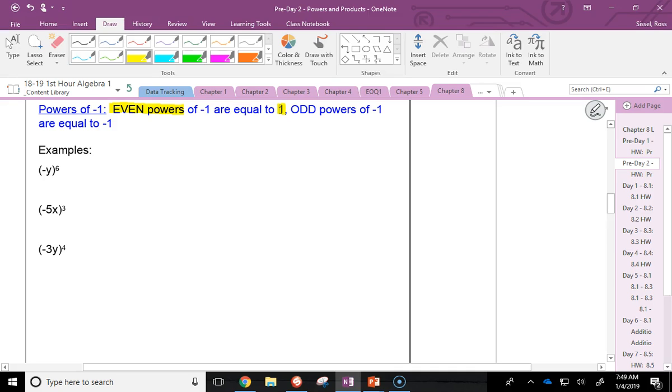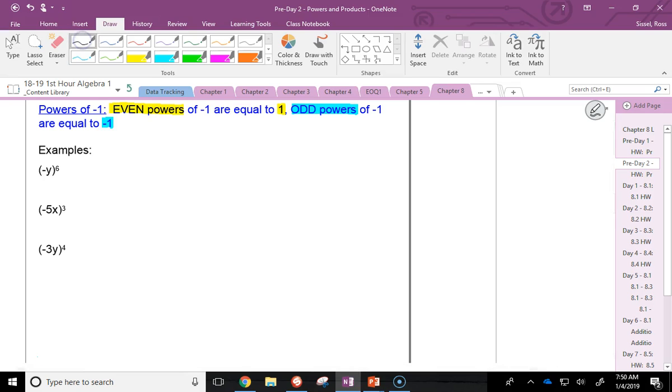If I did an odd power, then it's going to come out to a negative answer. If I did -2 times -2 times -2, 3 negatives would give us a negative answer. So that's all this one's talking about.